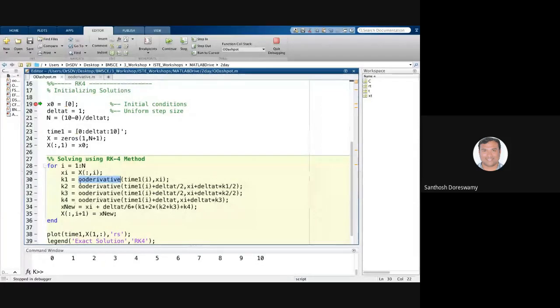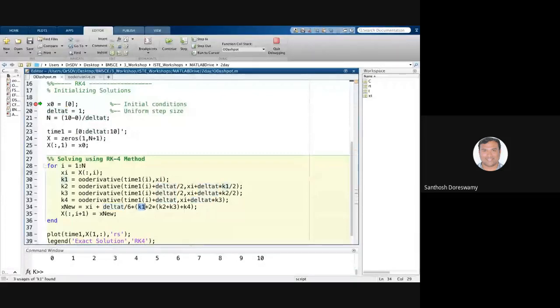Once you have k1, k2, k3, k4 lined up, the new value of x is estimated as the old value plus h by 6, which is delta t by 6, times k1 plus 2 times k2 plus k3 plus k4.